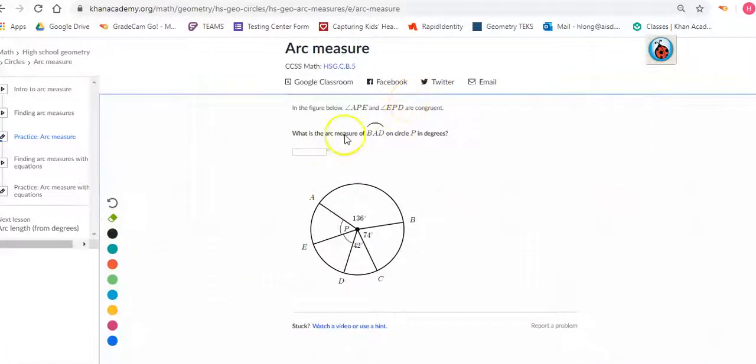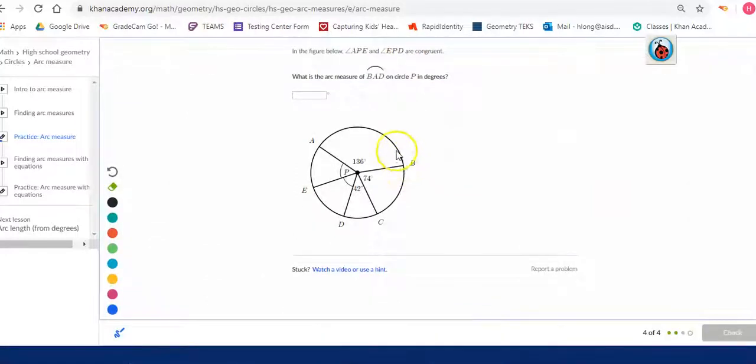So on here, we're just going through, okay, what is the arc measure of BAD? So BAD goes from here all the way around through A to D. And so we have this measure, and this measure. We know these two equal each other. So we could go ahead and subtract from 360 and divide by 2 to find out what those were.